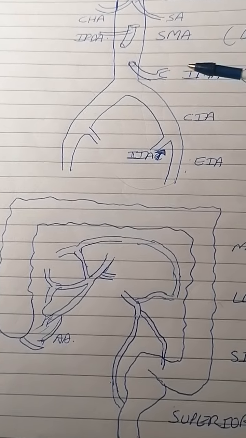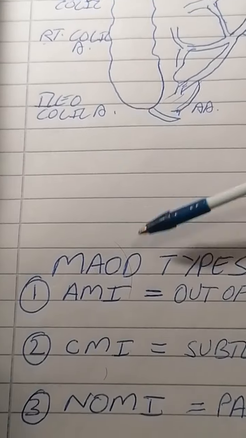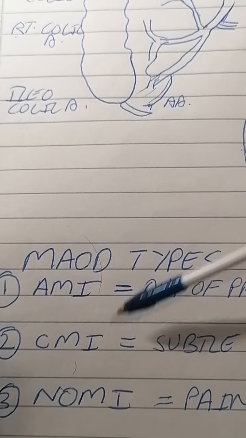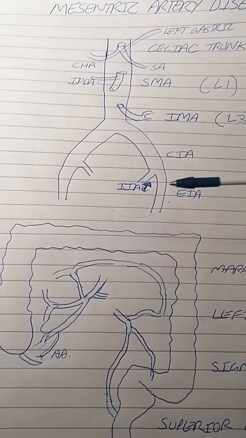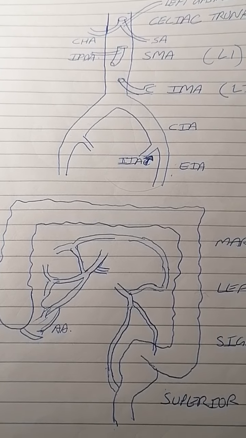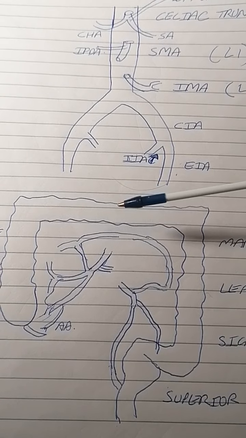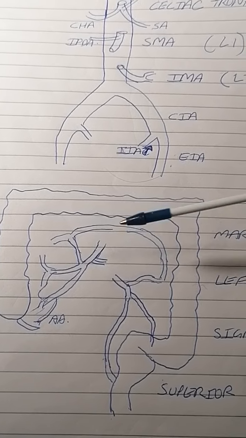Then let's go to chronic mesenteric ischemia. In chronic, the patient would suffer postprandial pain. And why postprandial?